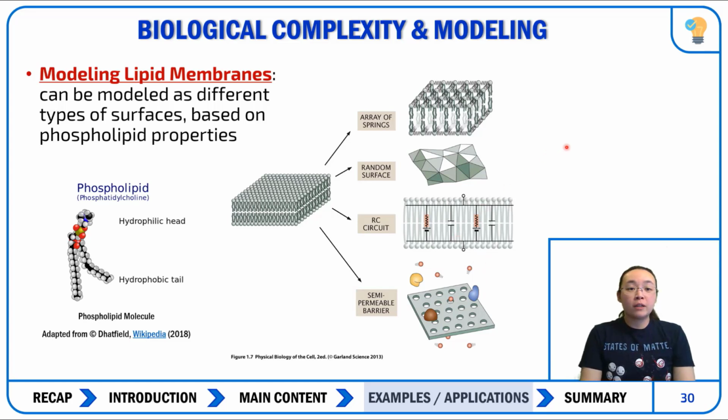The one thing I haven't mentioned here is that whenever you model a lipid membrane, there are so many lipids to choose from and so many different types, you're going to have to simplify it into possibly different lengths of phospholipids or different properties. So anytime you're doing a lipid membrane model, let's say of a bacterial membrane, every different type of bacteria, especially gram-positive versus gram-negative bacteria, is going to have different lipid compositions for their membranes.